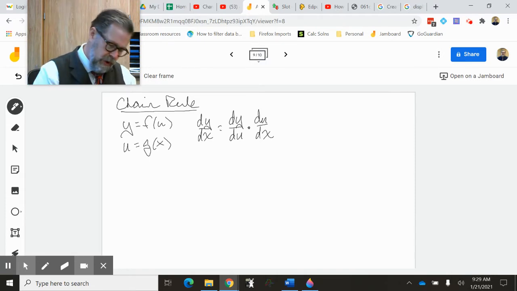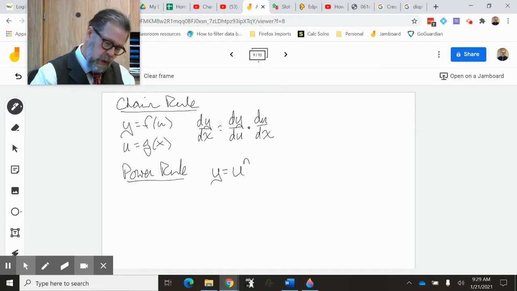So for example, the power rule. y equals some function to the n, where that function u is a separate function of x. We know that the derivative of y with respect to u is n times u to the n minus 1.